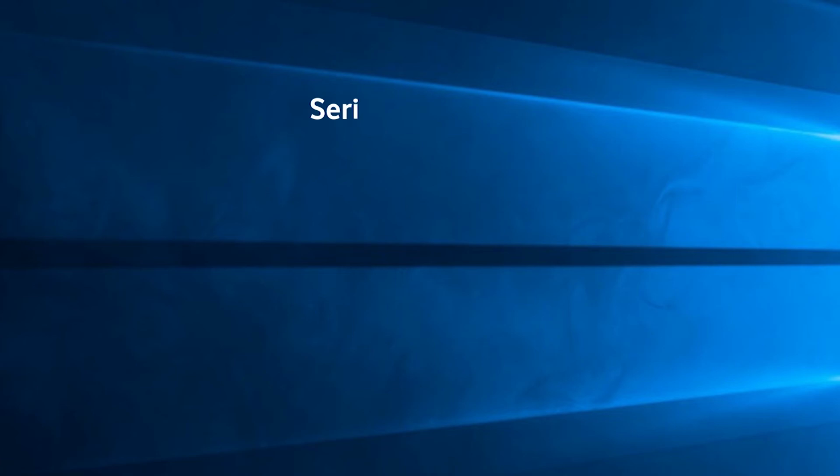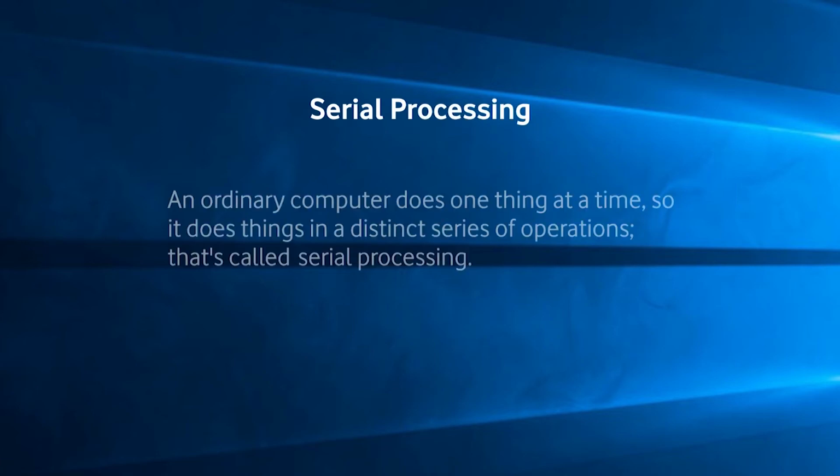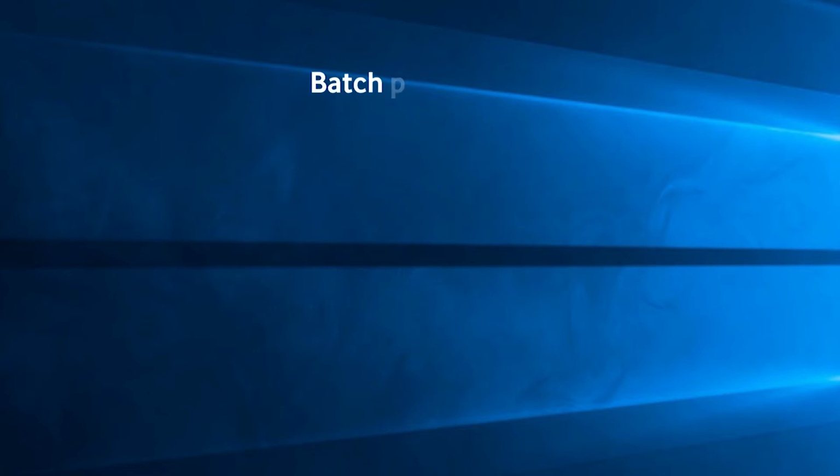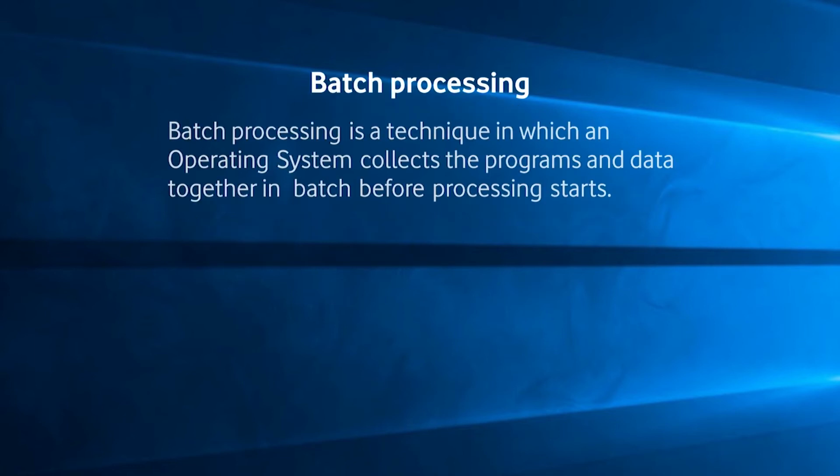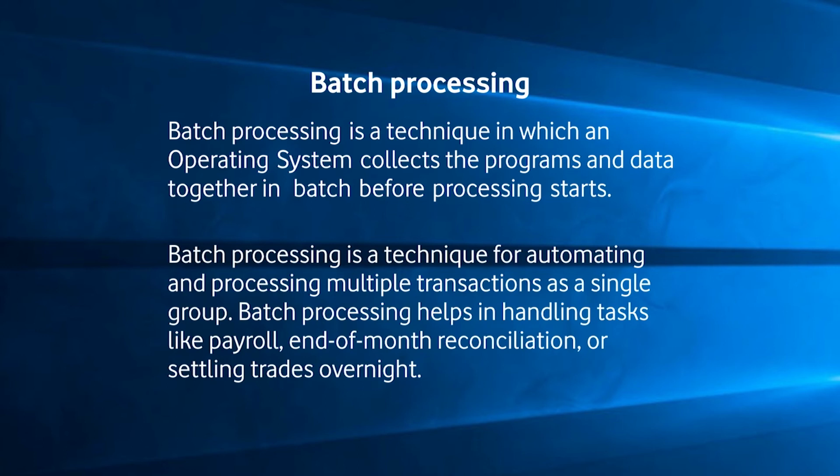For example, in serial processing, an ordinary computer will be performing activities one at a time. It means serially, one by one, different activities will be performed. And in batch processing, what will happen? A batch of activities will be created and that batch will be submitted for processing, and that will be processed.